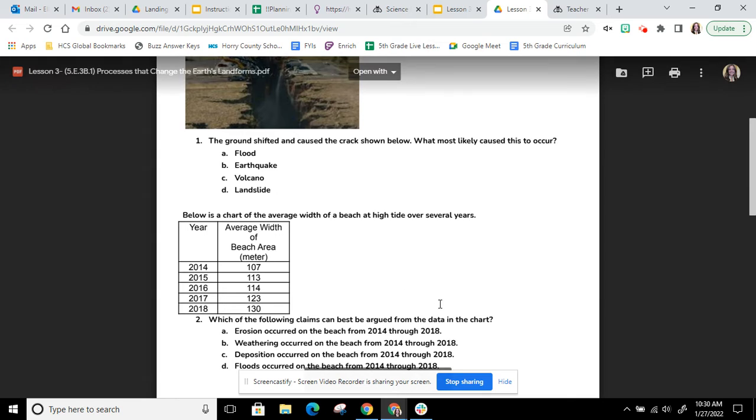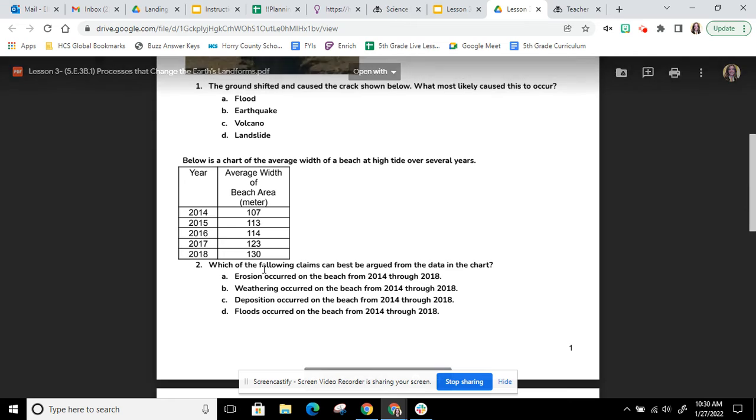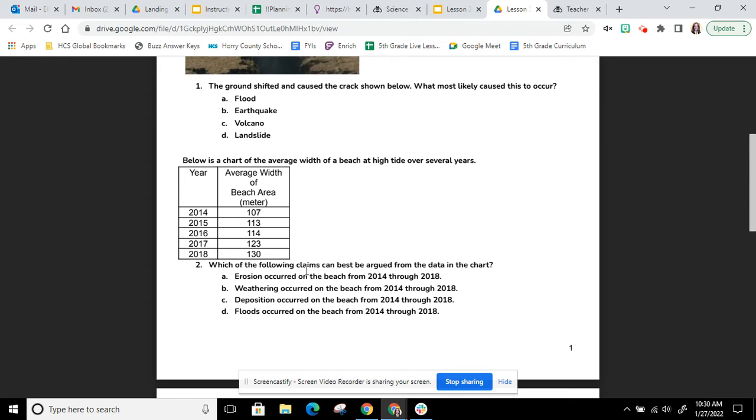And you've got the question, which of the following claims can best be argued from the data in the chart? So looking at A, B, C, and D, which claim can be argued based on the data given in the chart?